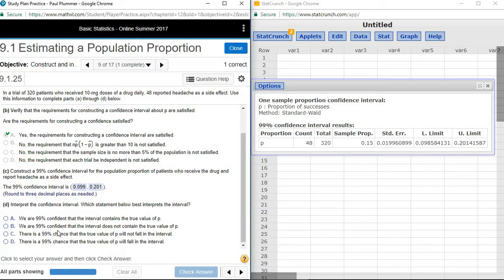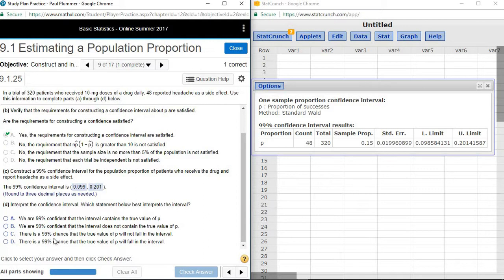Last thing we're asked in this question is to interpret our confidence interval. When you're interpreting confidence intervals, there are three things that you are looking for in the wording. Number one, you are looking for the word confidence or confident. So A and B say we are 99% confident. That would be a correct interpretation.